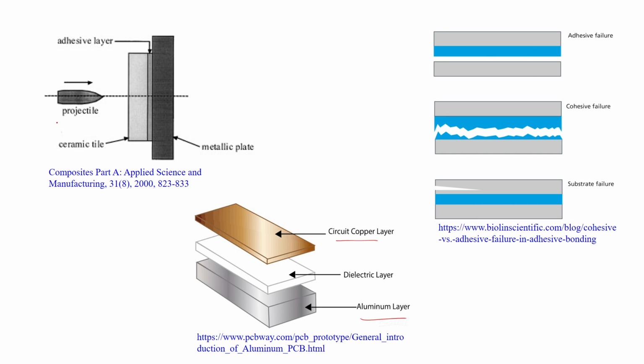Similarly, let us say a projectile, basically a bullet, goes into this material used for bulletproof jackets, where we have this adhesive layer and then a ceramic tile and metallic plate and like that.